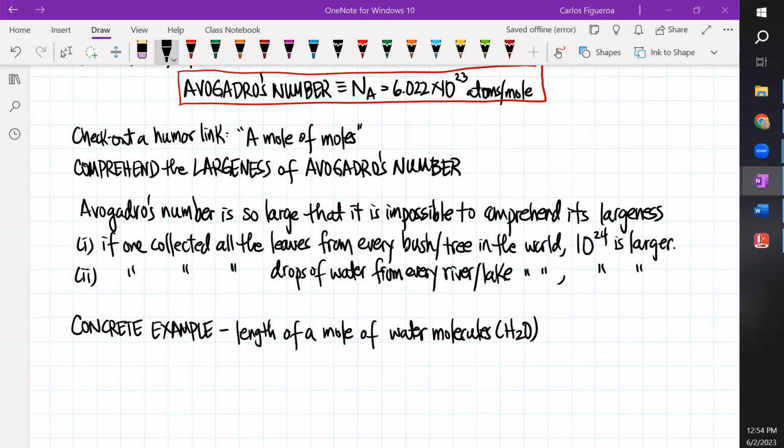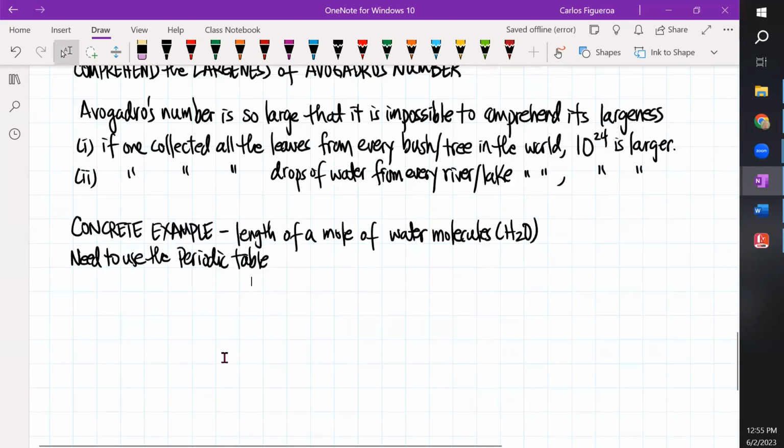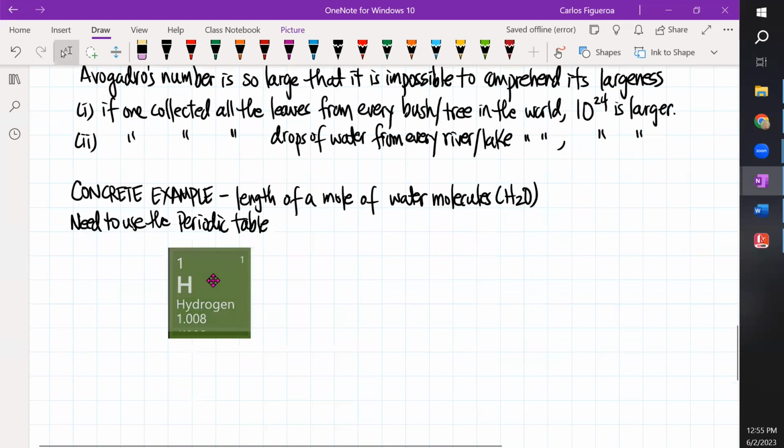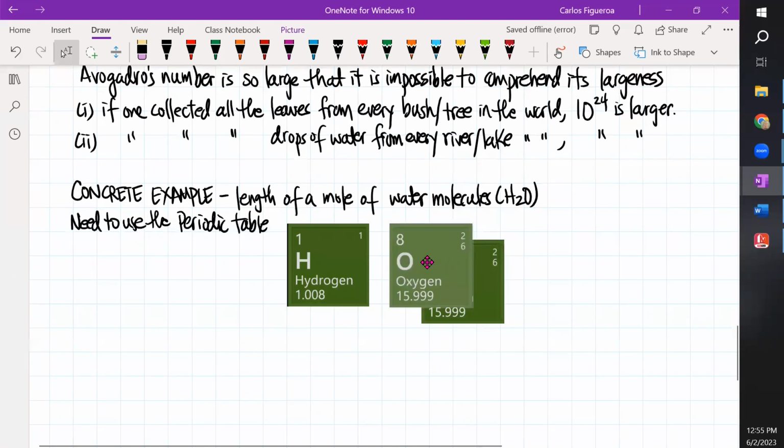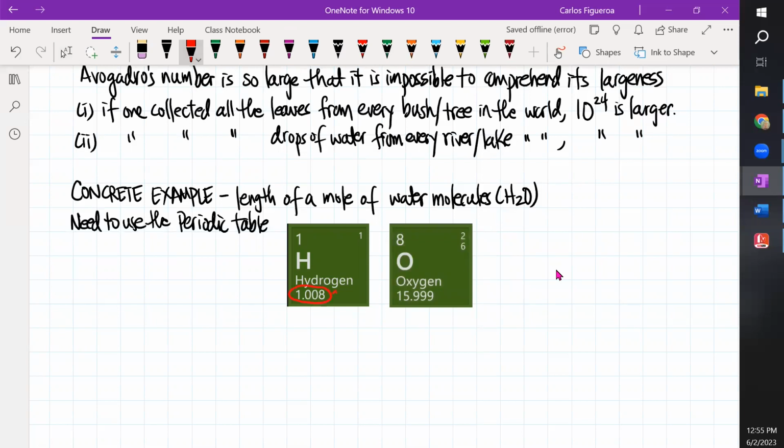So what I want to do here is that we need to use the periodic table. And what we find is, if I have hydrogen and I have oxygen, here's what we see. From the periodic table, the molar mass of hydrogen is 1, the molar mass of oxygen is 16.